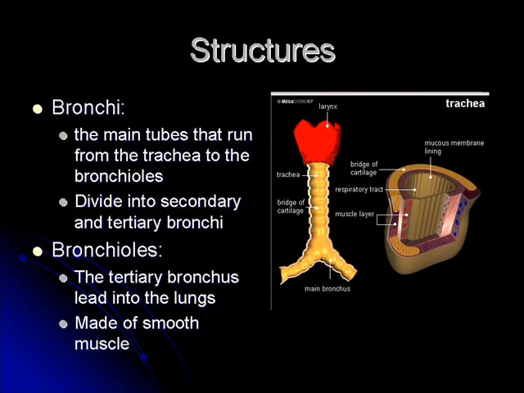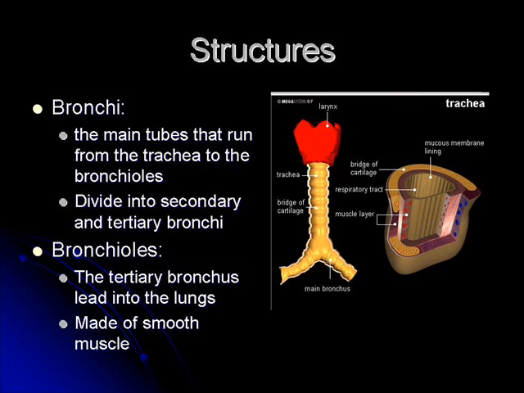Now, bronchus is the singular. The trachea leads to the bronchus, one of two bronchi, plural. And these are the main tubes that run from the trachea into the bronchioles. Since it branches off into two bronchi, each one goes into either your right or your left lung.